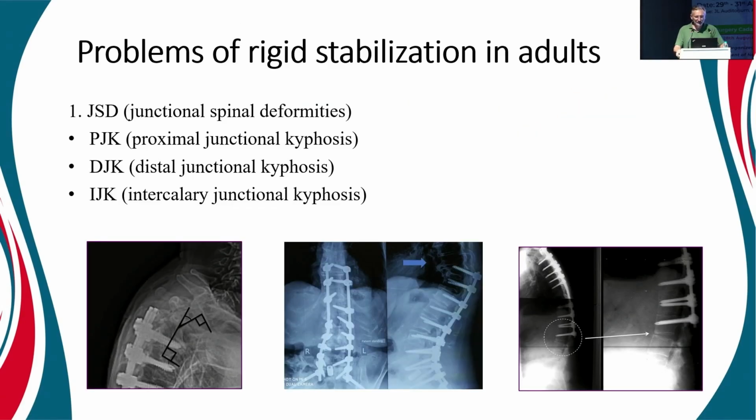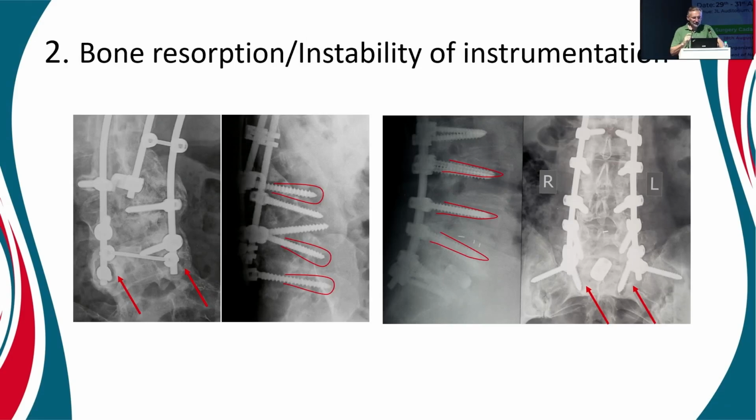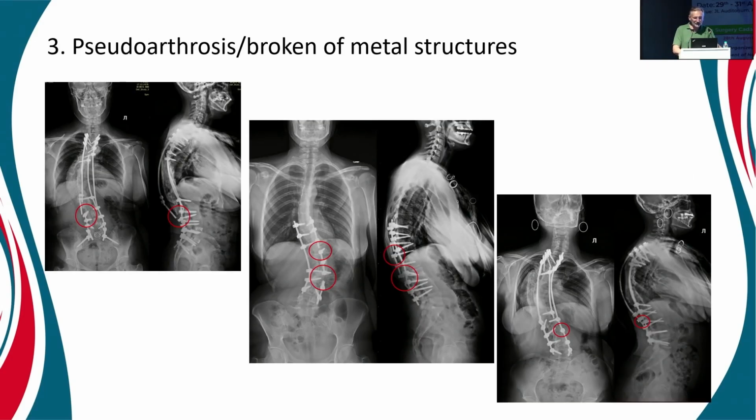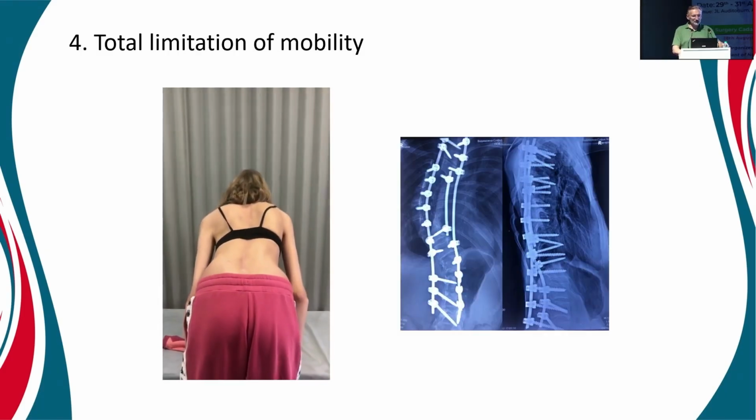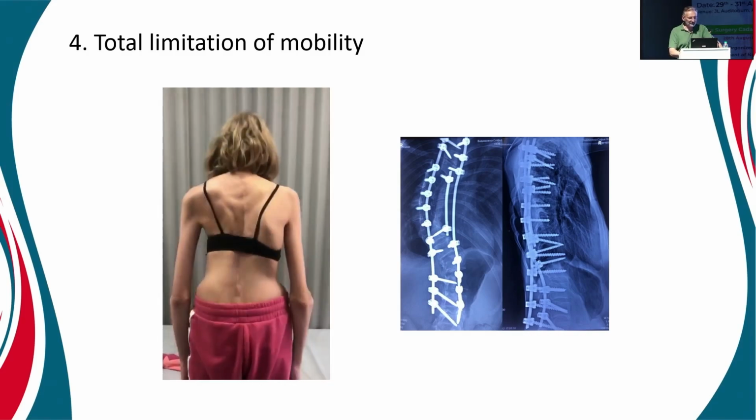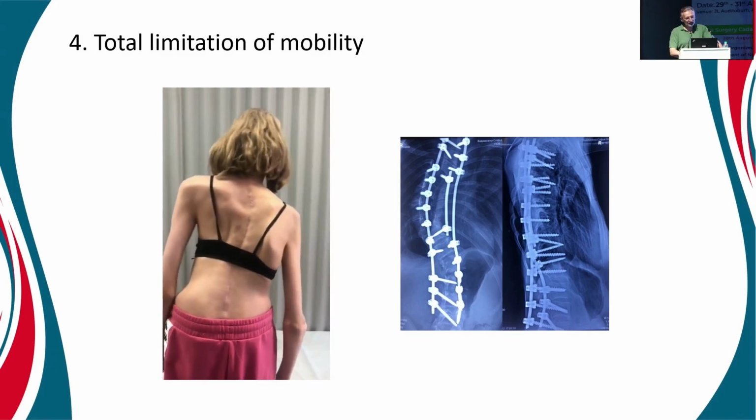The problems with rigid stabilization in adults are PJK, DJK, bone resorption around the screws, revision surgery, arthrosis, breakage of metal structures, and total limitation of spine mobility, especially lateral bending.